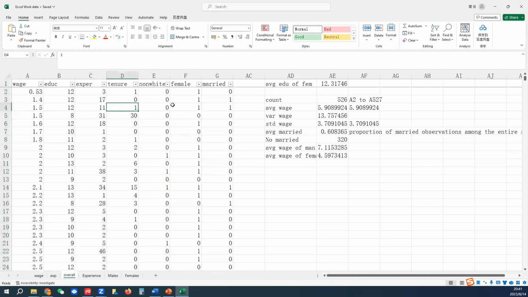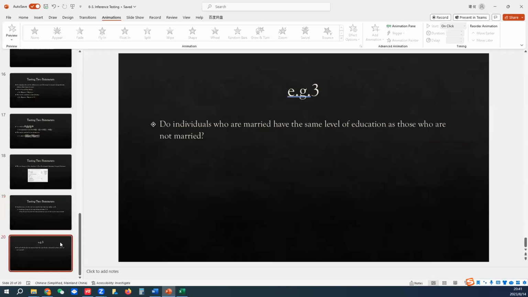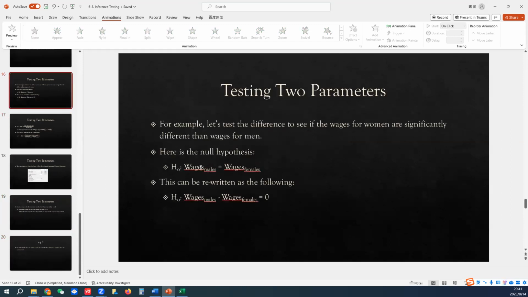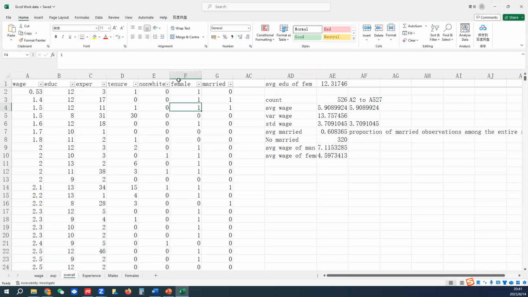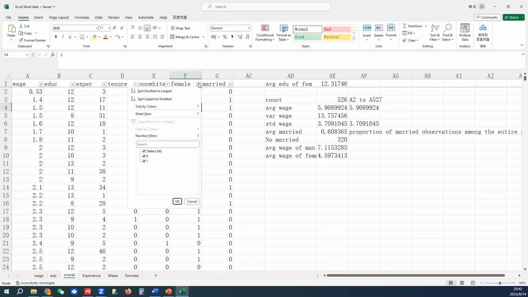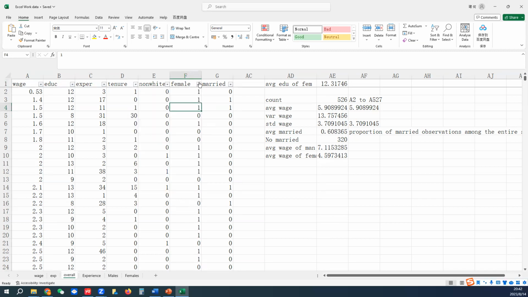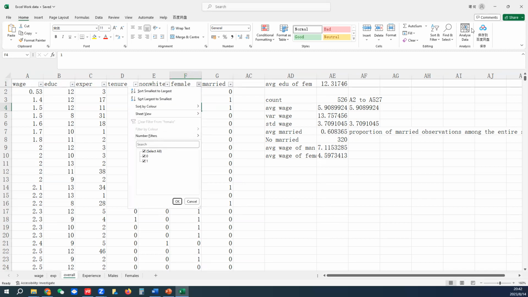The first question asks whether the wage between male and female is the same. So it's the wage, and the distinction is drawn by male and female. So the first thing to do is to sort based on the difference.